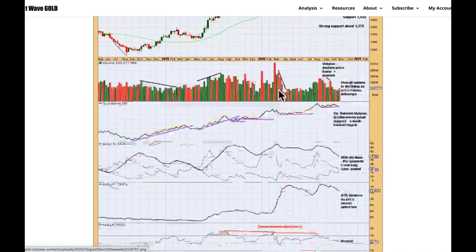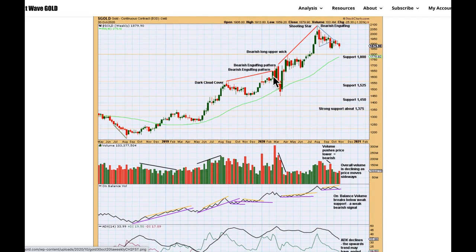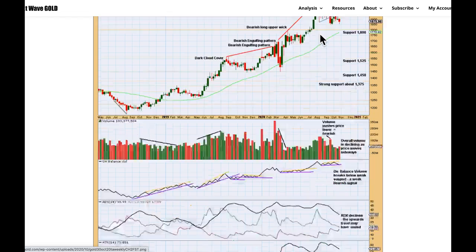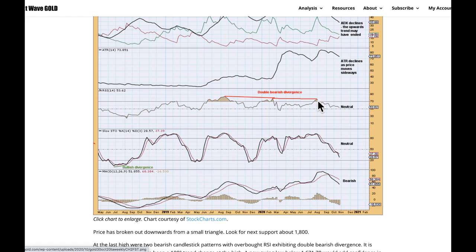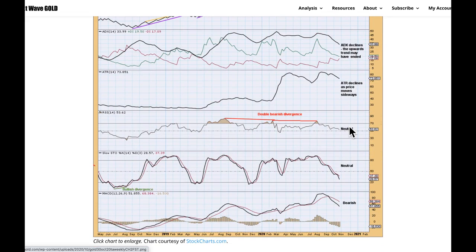But we had bearish divergence back here, and yet we just saw some consolidation, a bit of downward movement, and then new highs. That could happen again. We could see some consolidation, bit of downward movement, and then new highs. This bearish divergence could develop further. We could see a failure swing, or we could see a weaker high from RSI.